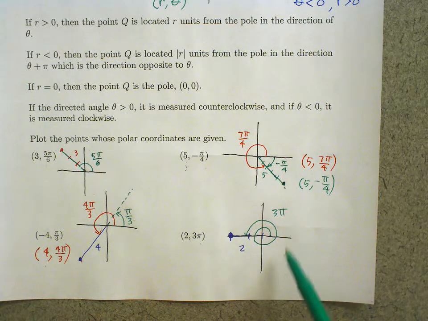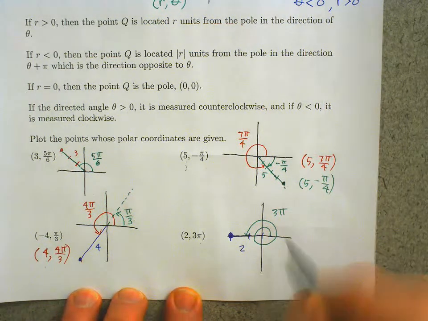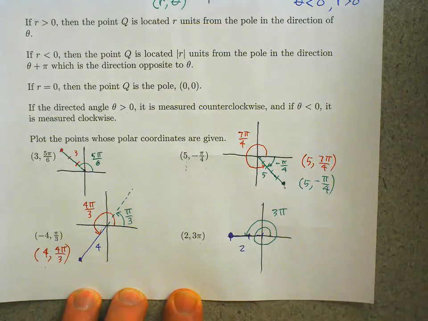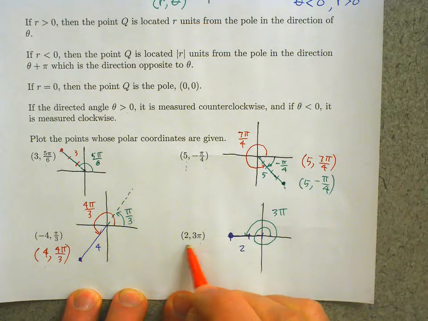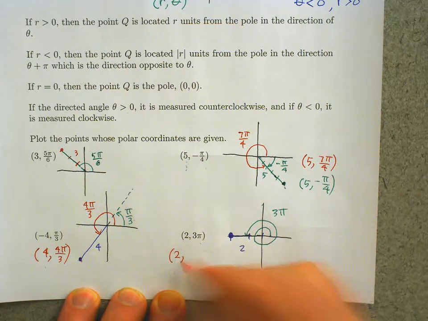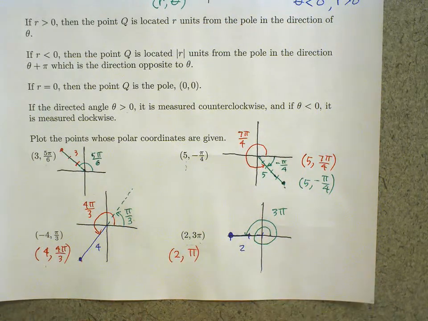Well, an angle of 3 pi is excessive. So if you would rather just do 1/2 of a revolution, then we can also represent this point in polar coordinates by 2 comma pi instead of 2 comma 3 pi.